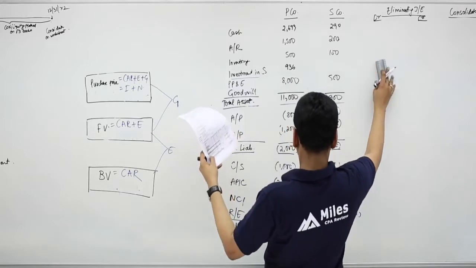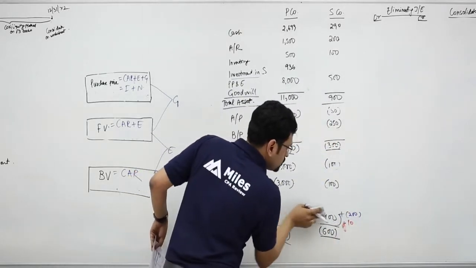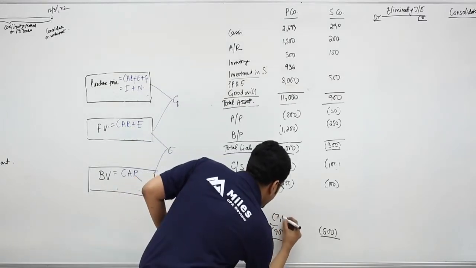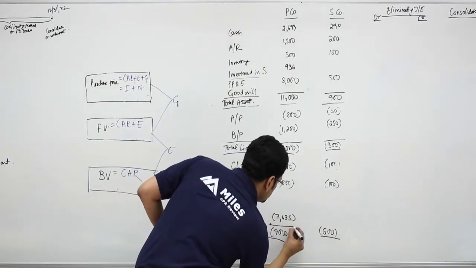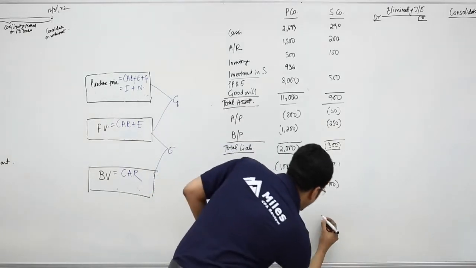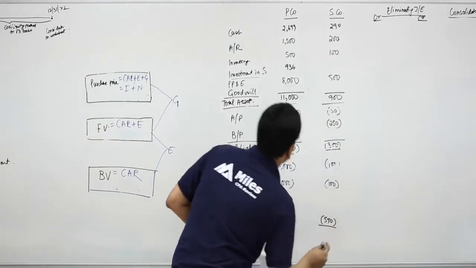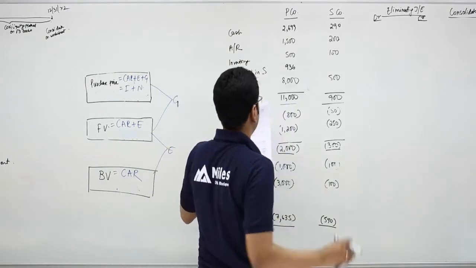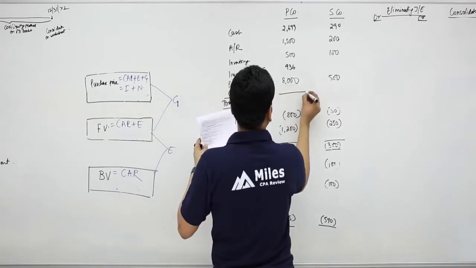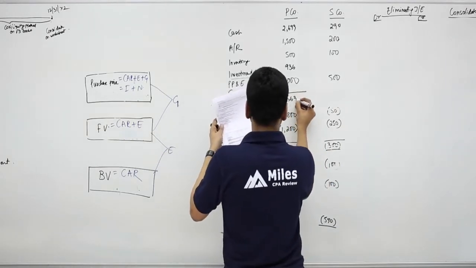So looking at the retained earnings numbers, super complicated. Gives you 7635 here. Totals would change and gives you $590 here. Looking at the totals, this is 13,635.